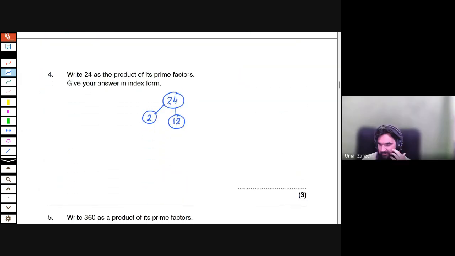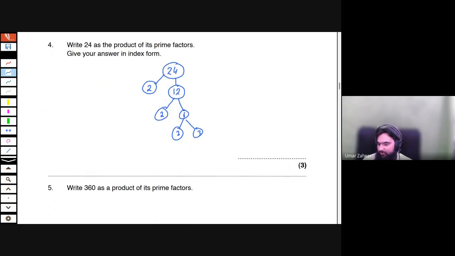Okay, got it. Now you have 2 times 12 is 24, 2 times 6 is 12, 2 times 3 is 6. So we are going to get the prime factors of 24 will be equal to 2 times 2 times 2 times 3.